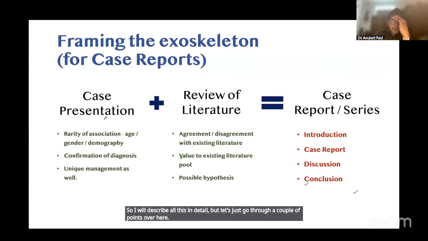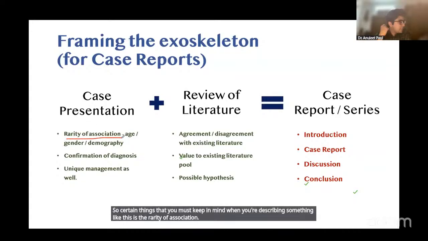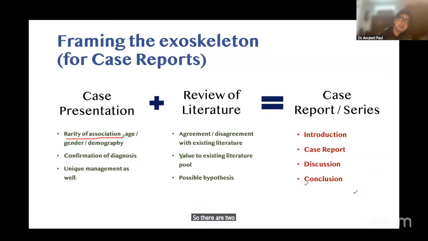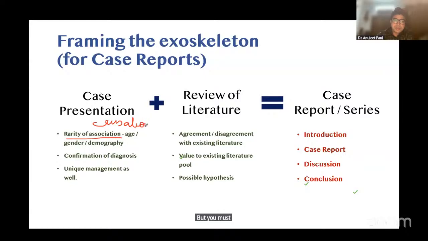So certain things that you must keep in mind when you're describing something like this is the rarity of association. So there are two things that I want to speak about here. Number one is the word association, and number two is the word causation. I do not know if you can read my handwriting, but you must understand the difference between two words when you are thinking about writing.